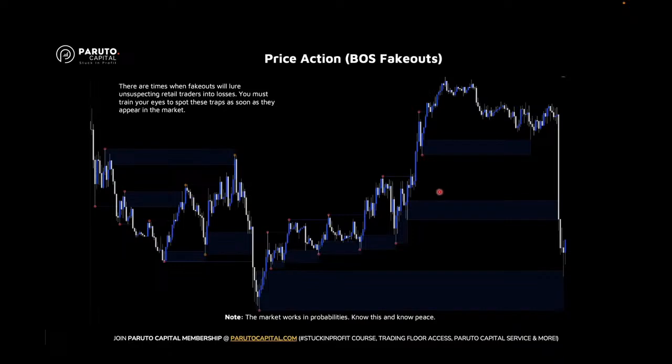So you must be able to utilize the market structure to spot fake outs, and to really ensure that every trade you take is informed by robust technical analysis and price action, right? Before we continue, I just want to hop onto the chart and speak to some charts.